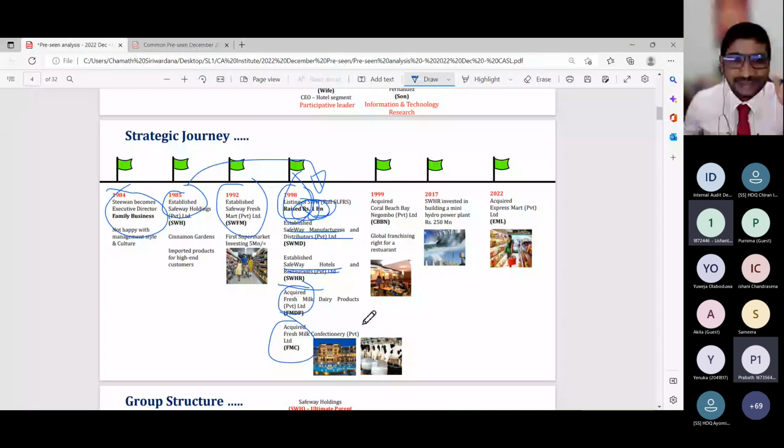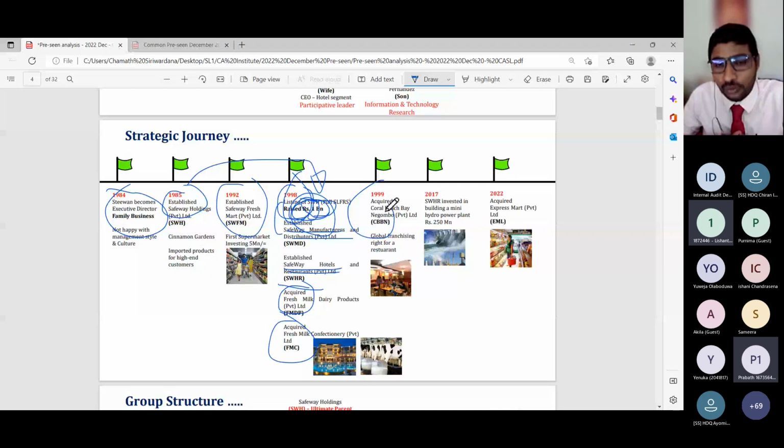All the funds are from the holding. Then in 1990, they acquired another hotel, called Coral Beach Bay Negombo Hotel. In 2017, they came up with a new plan to invest in a mini hydro plant, incurring 250 million. Now in 2022, they have invested in another company called Express Mart Private Limited.